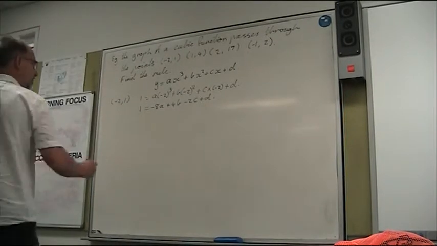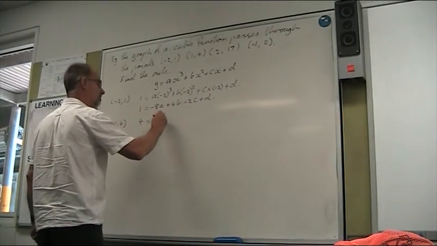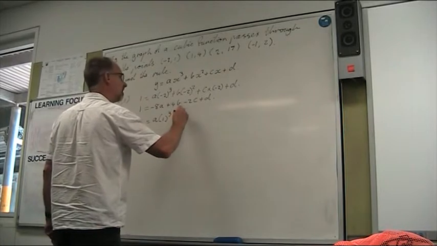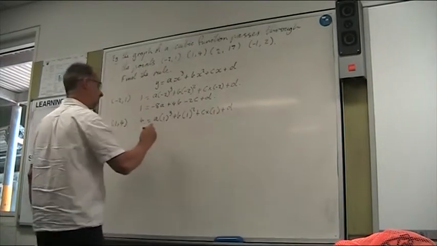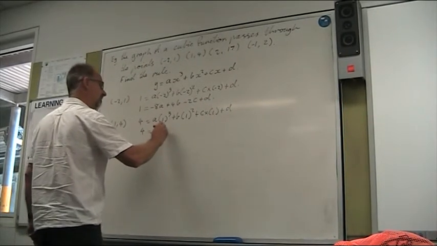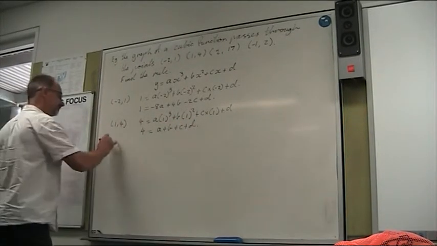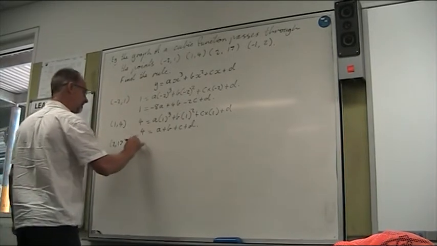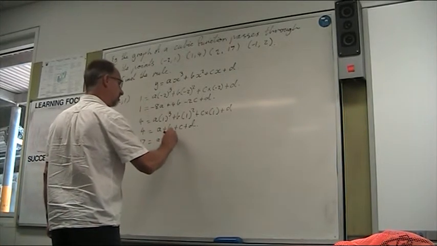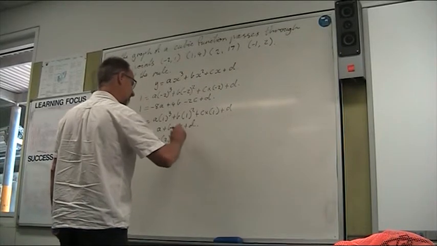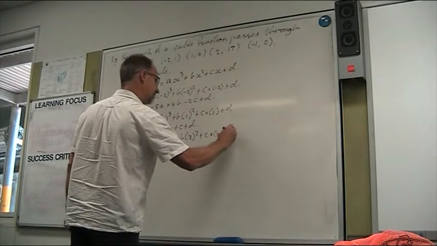So (1, 4). This time 4 equals a times 1 cubed plus b times 1 squared plus c times 1 plus d. It should be 4 equals a plus b plus c plus d. Then the other one, (2, 17), so 17 equals a times 2 cubed plus b times 2 squared plus c times 2 plus d.